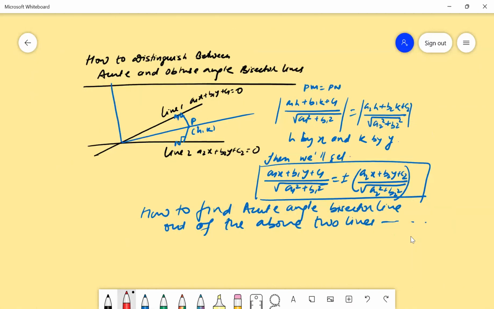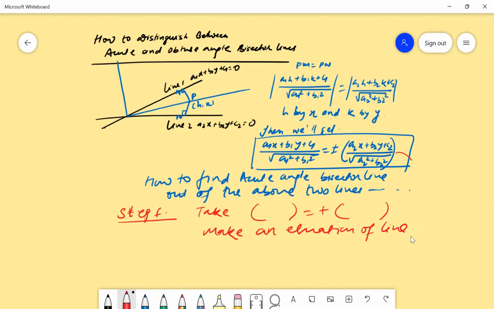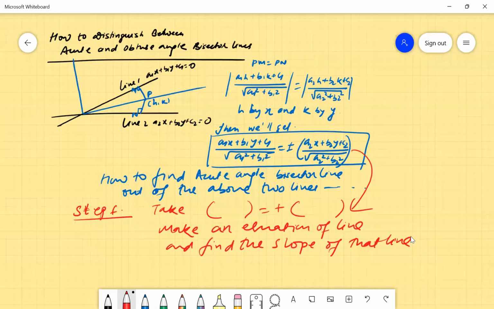Step 1: take the plus sign. From this, make an equation of line and find the slope of that line. Say m1.